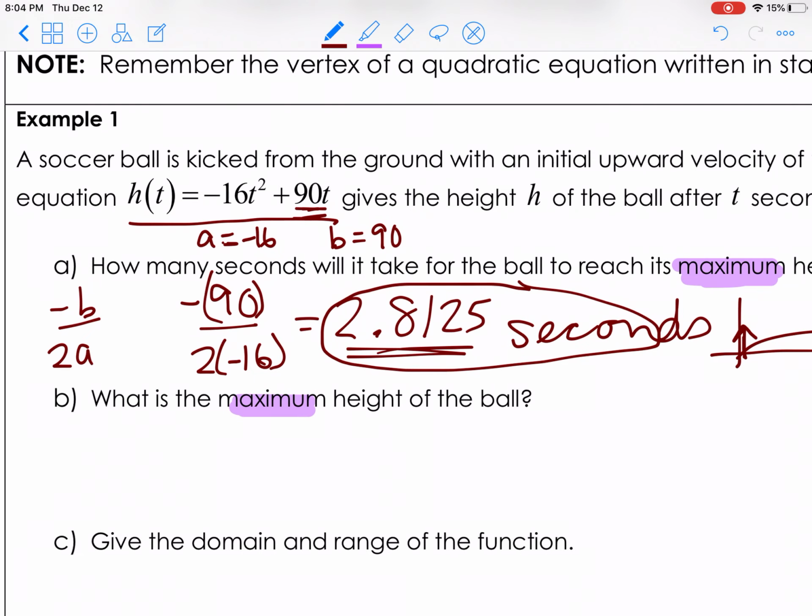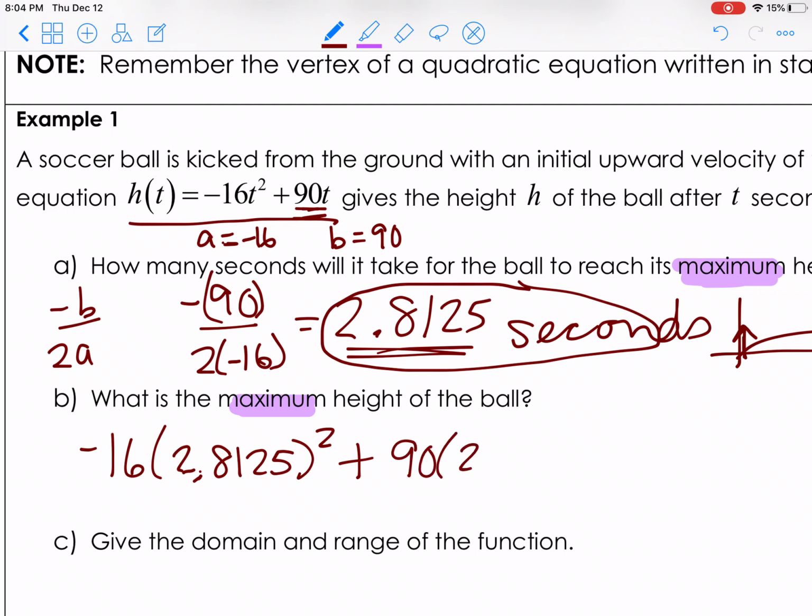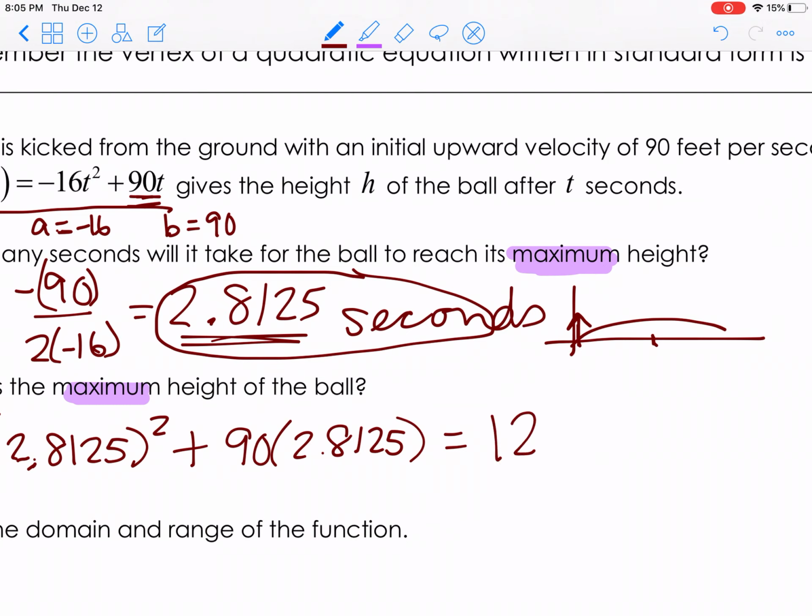I'm going to replace every t with 2.8125, and we'll hit this in the calculator. And we get 126.5625.